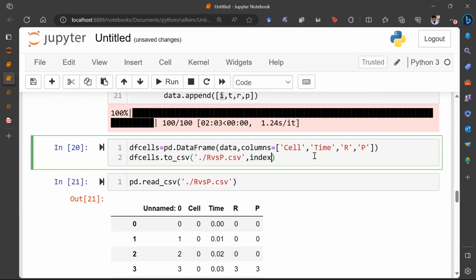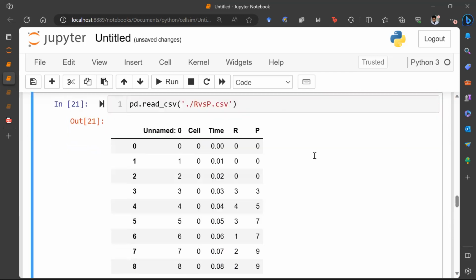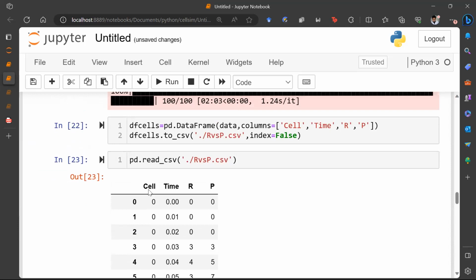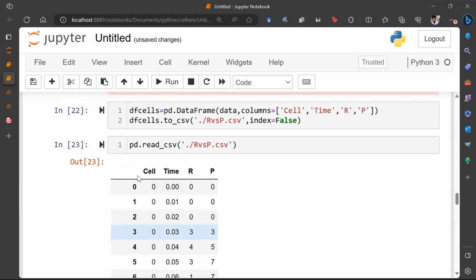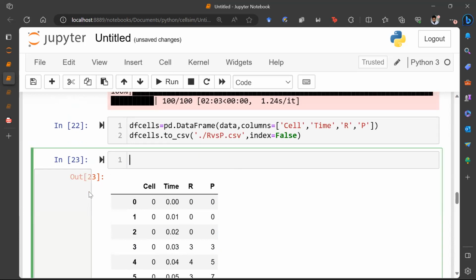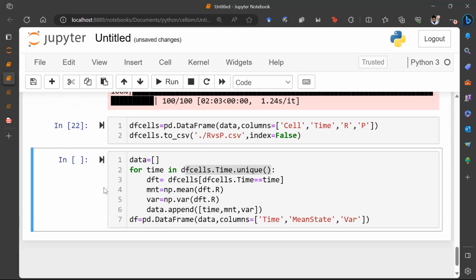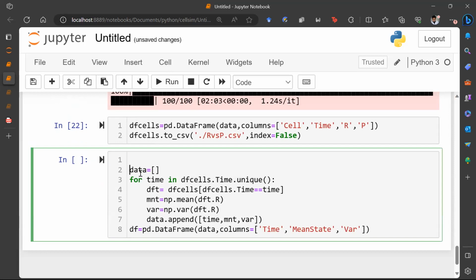So the index is not useful. So next time when I read without the index, it doesn't have this index.